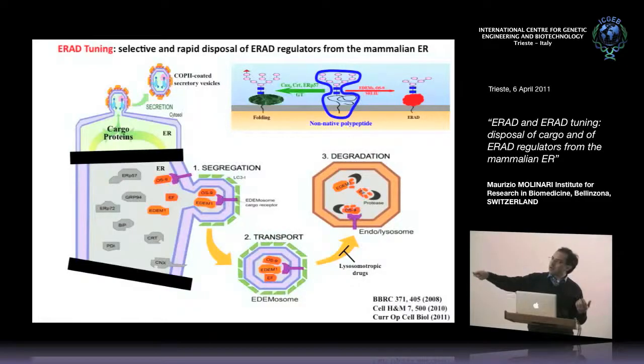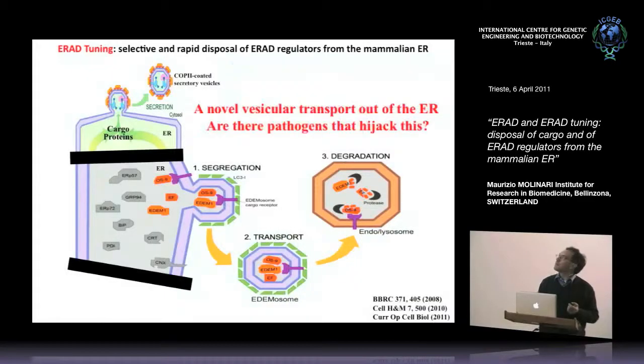And the long-living chaperones are just mixed with these short-living chaperones. So you have to selectively take them out in vesicles coated with LC3-I, and then these vesicles fuse with an acidic compartment. So we have something like a novel vesicular transport out of the ER.